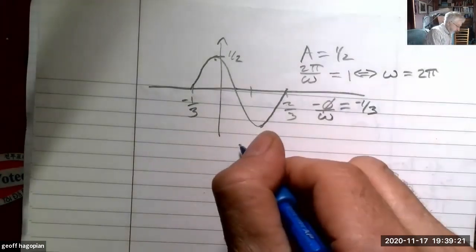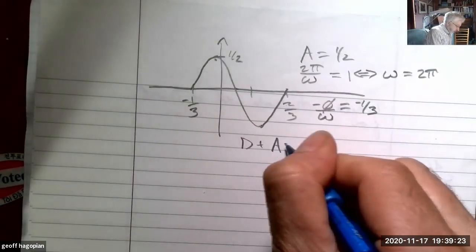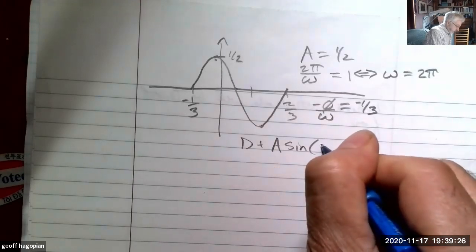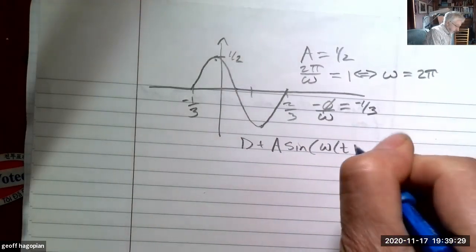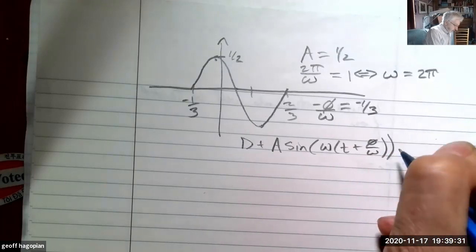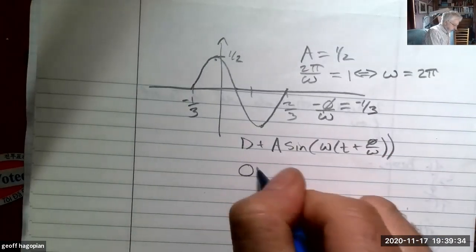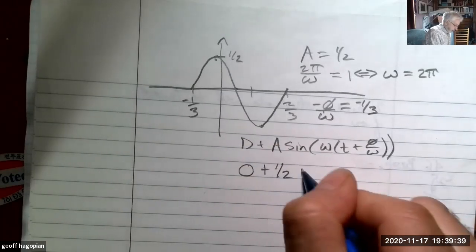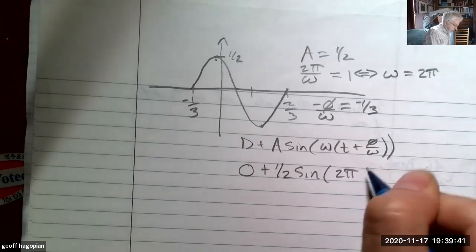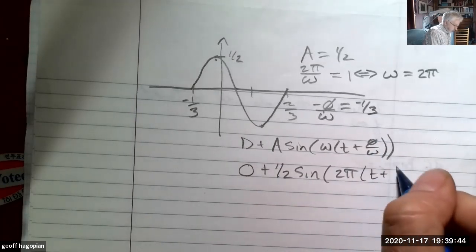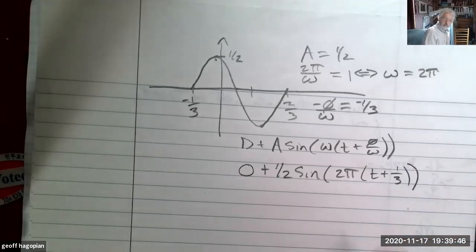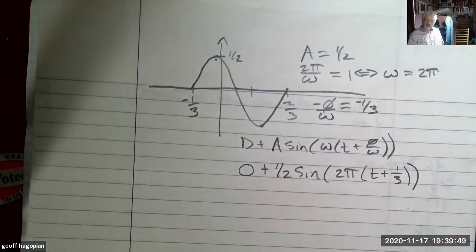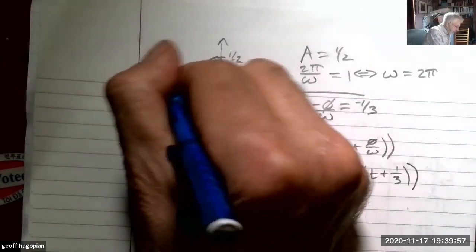So if you have the formula D plus A times the sine of omega times (t plus phi over omega), then D is 0, since it's oscillating around the x-axis. A is 1/2. The sine of 2 pi (t plus 1/3). So just plugging into those parameters. Okay, so that was number 39.